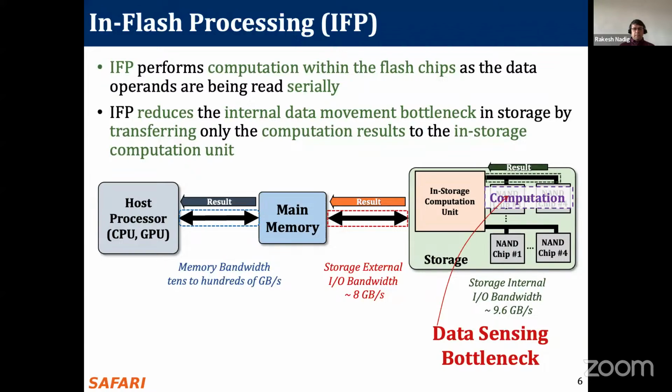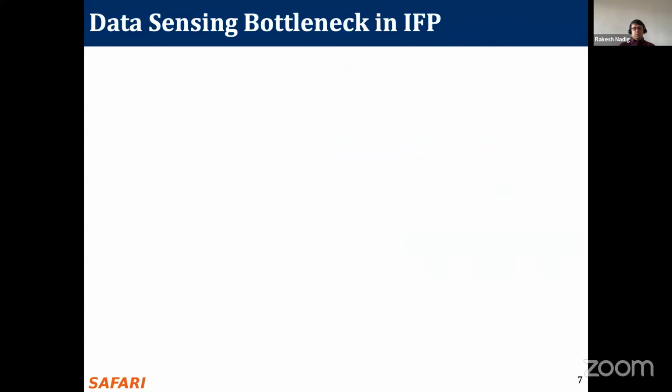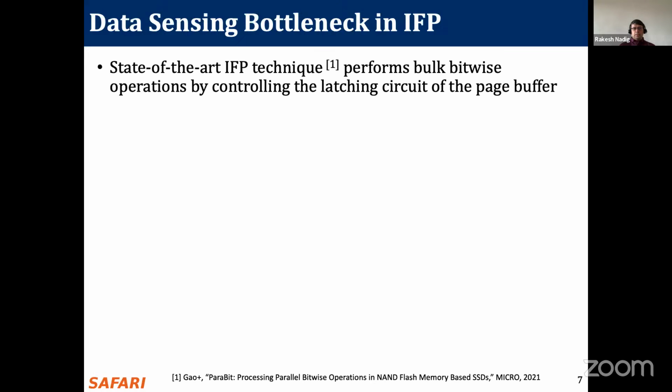Because read is a very costly operation in NAND flash memory based devices, we think that data sensing is a key bottleneck in this in-flash processing. So let's take an example. Let's look at what is the data sensing that is happening in flash processing. A state-of-the-art IFP technique, which is called ParaBit, performs bulk bitwise operations by controlling the latching circuit of the page buffer.